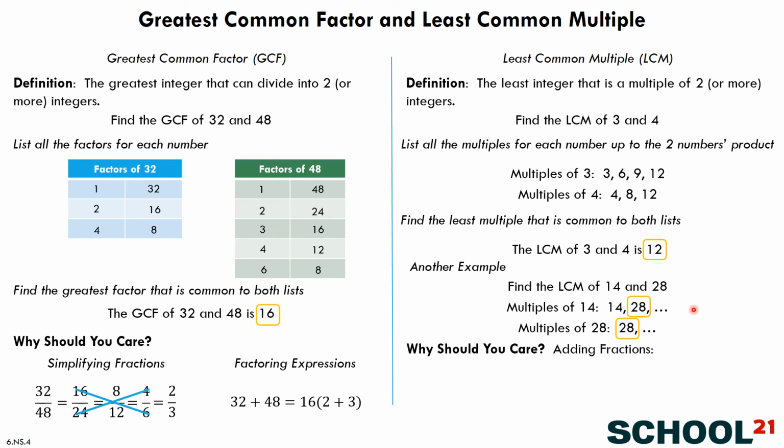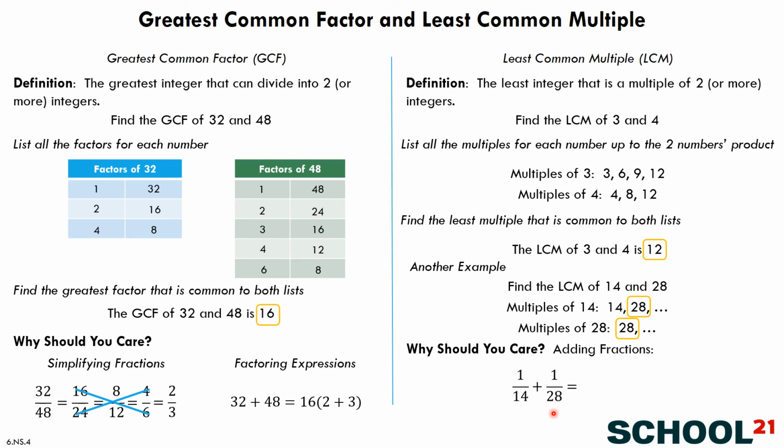Now, why should you care on this one? Well, this is really useful to find the least common multiple when you're adding fractions. So let's say you had 1/14 plus 1/28. Here's our two numbers, but I've made a sum of two fractions. Well, you could say, okay, I need a common denominator, so let's multiply 14 by 28.